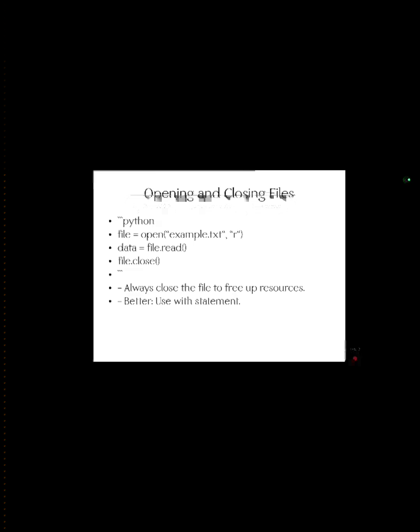So here we gave with open example.txt, where example.txt is the file name and r is the read mode. So we read the file: data equals file.read. Here we didn't use file.close because we use with. If we use with, then there is no need to close the file because it automatically closes once the block of code is exited.